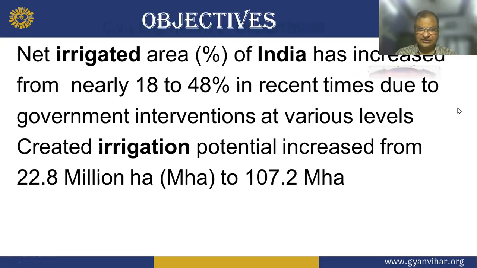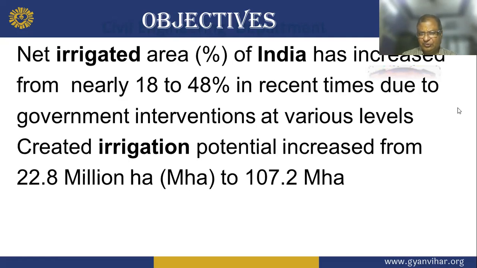Net irrigation. Before the net irrigation, we will find out how the net irrigated area of India has increased from nearly 18 to 48% in recent times due to government interventions at various levels.